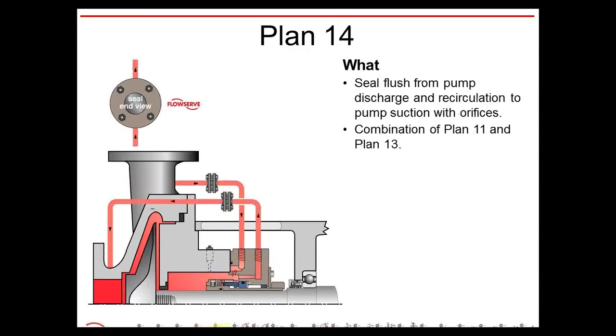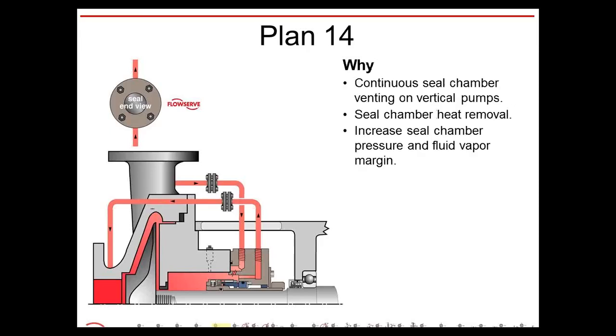Now the Plan 14, an interesting application. The Plan 14, very simple. It's the combination of the Plan 11 and the Plan 13 we just talked about. What this allows you to do is basically you get twofold things that happen in this situation. You get continuous seal chamber venting on a vertical pump.